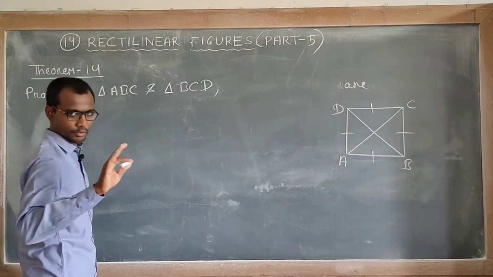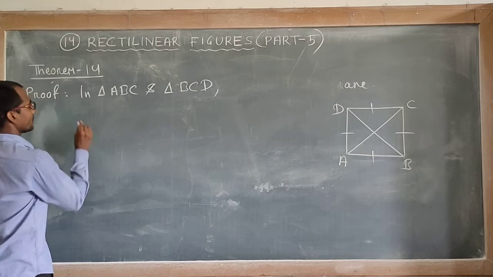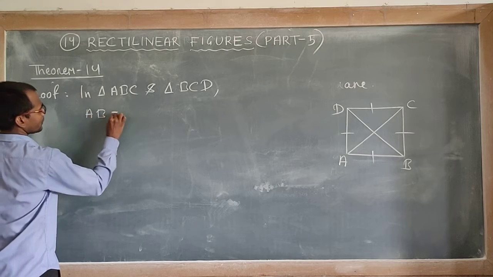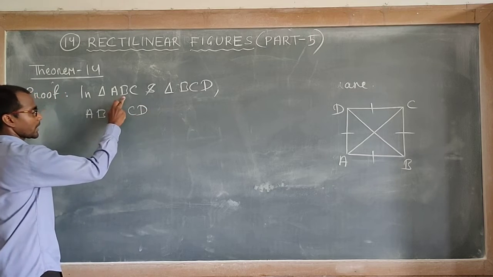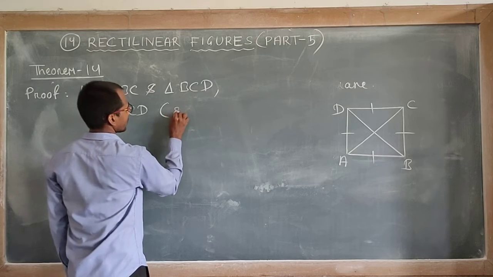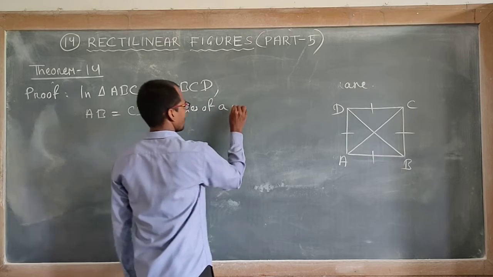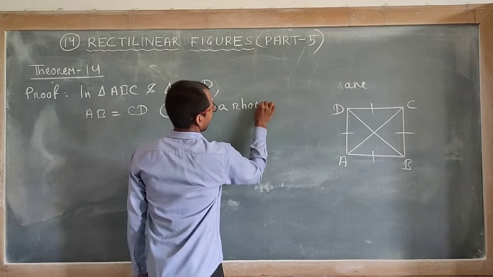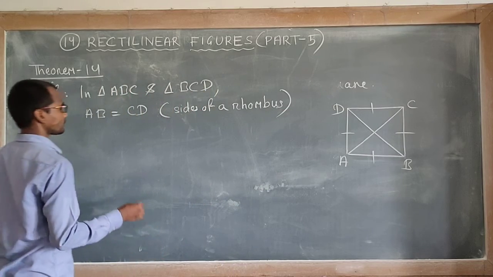We'll try to do congruency between these two triangles. We can write AB is equal to CD. AB of triangle ABC is CD of triangle BCD. Why? Because sides of a rhombus are equal.